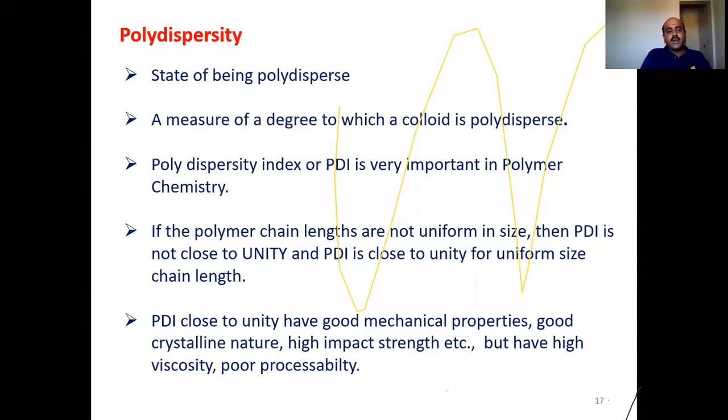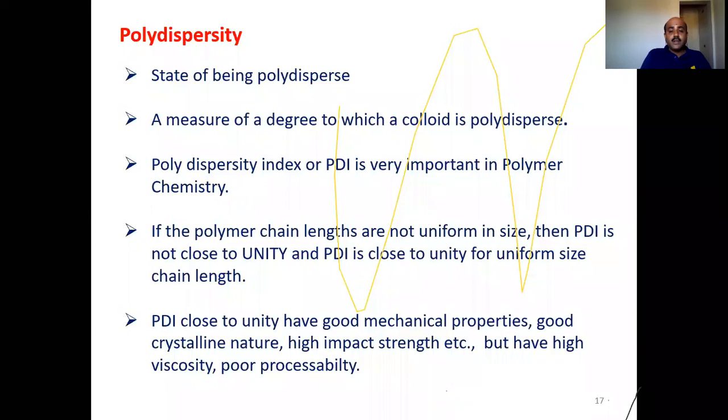One of the most important indices in our polymer chemistry is the polydispersity index. In short, we call it PDI. It is a very important parameter in polymer chemistry.